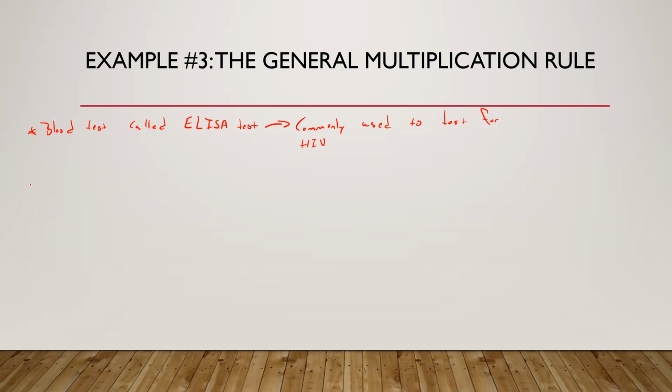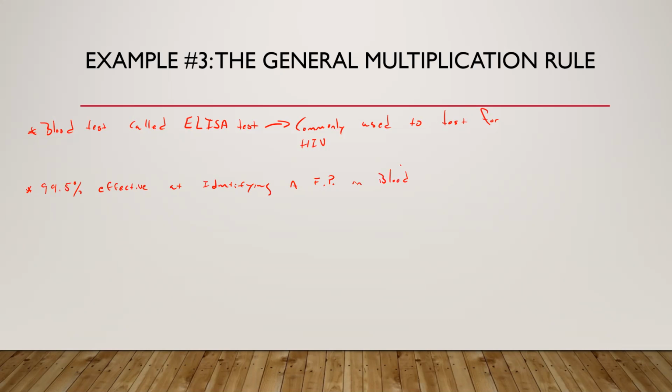And what the test claims is that it is 99.5% effective at identifying, I'm going to put FP, a foreign pathogen, in blood.